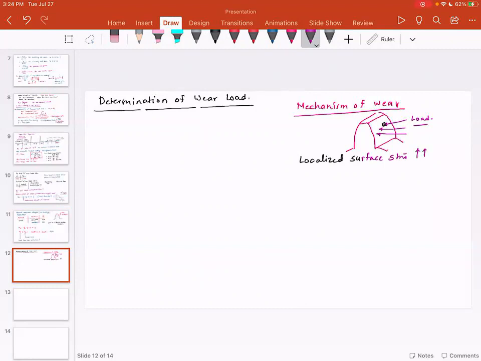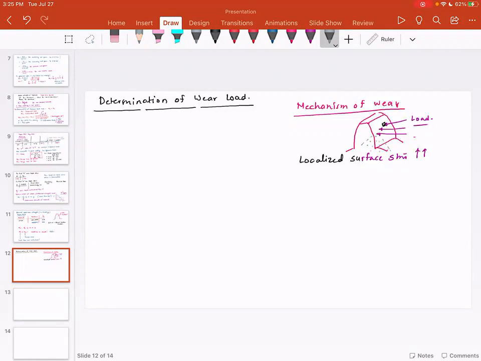Even though the stresses inside the material may not be high, the stresses on the localized surface will be very, very high. And that could lead to small material removal, a microscopic material removal. It is not macroscopic, so you won't see chunks of metal coming out, but extremely teeny tiny particles can come out.